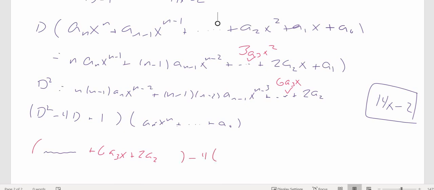Minus 4 times then the first derivative, and again I'm really only going to care about the linear stuff, a whole bunch of stuff, plus a1x plus a naught. Plus, and then the polynomial, because it's 1 times all of that stuff, think about it that way, okay? So we're just going to wind up with a bunch of stuff, plus a1x plus a naught.